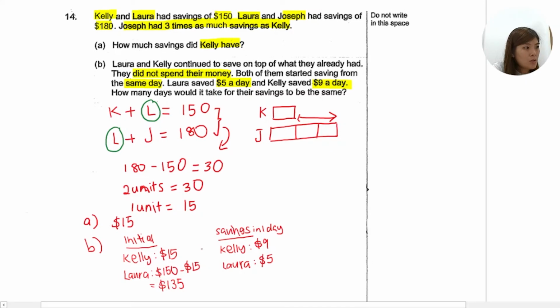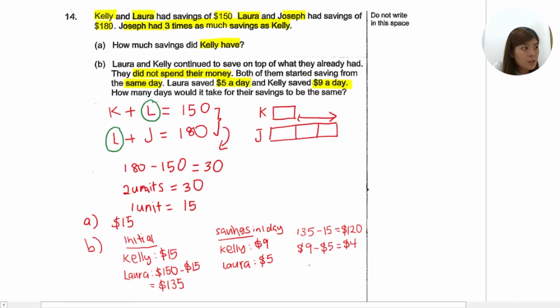Okay, so take the difference. You want to find out how many days it would take. So you have to take the difference here, divide by the difference here to find the number of days. So 135 minus 15, 120. Savings in one day difference will be $9 minus $5, $4.